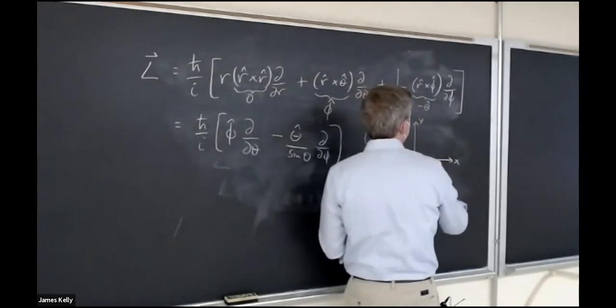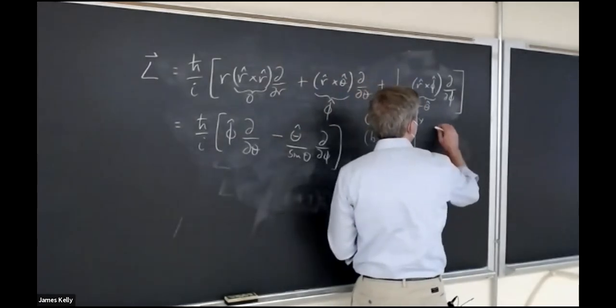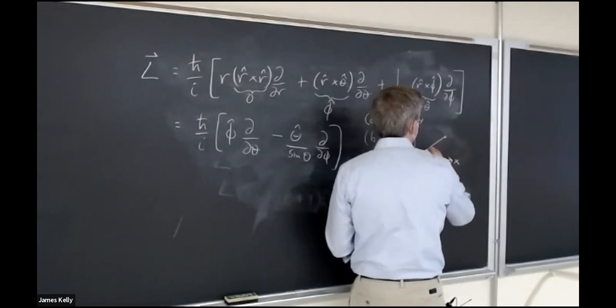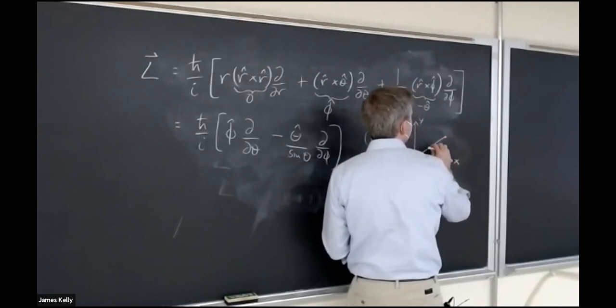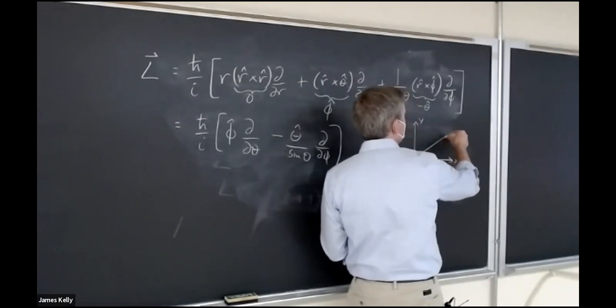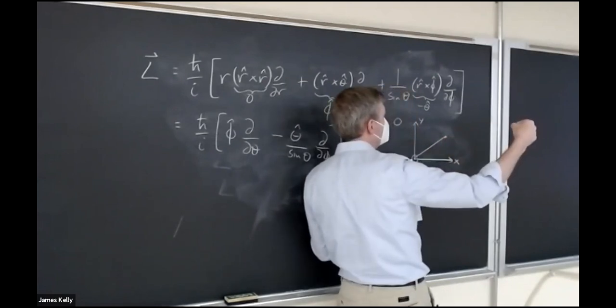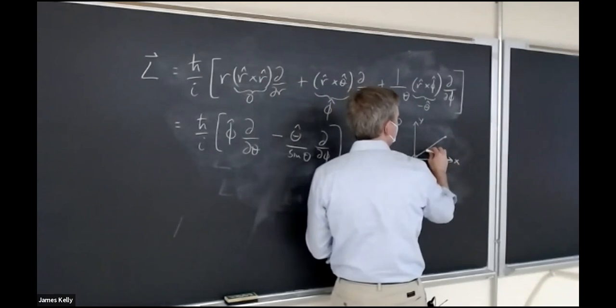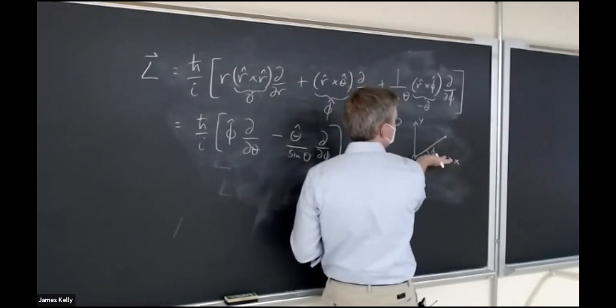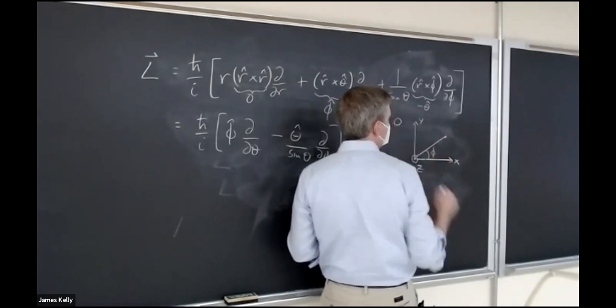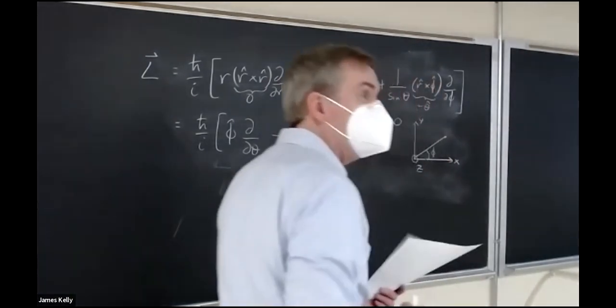And here we are at some point in space. That point in space may actually be out here, but the very definition of phi is how far do you have to swing from the plus x hat direction towards the plus y hat direction. That's what phi means.